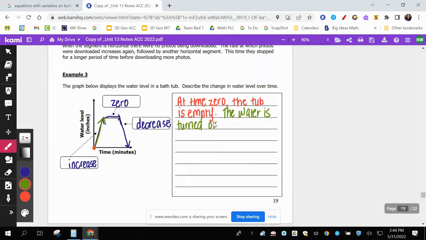And not only is it turned on, but the water level increases at a constant rate.